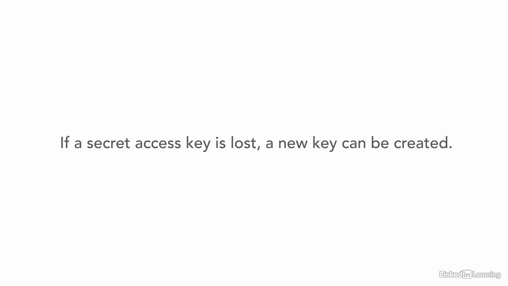If a secret access key is lost, a new key can be created. Secret access keys are used, for example, for scripting, for carrying out processes at the command prompt. And the secret access key and the user ID would have to be identified and associated with that script in order for that script to run.